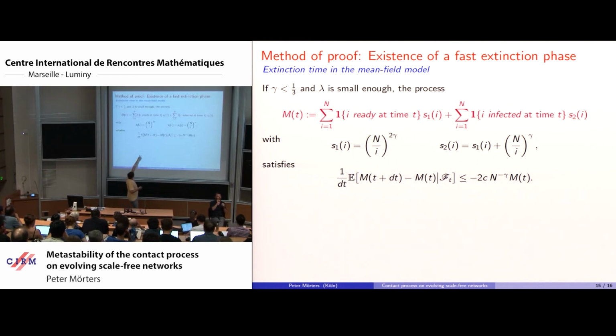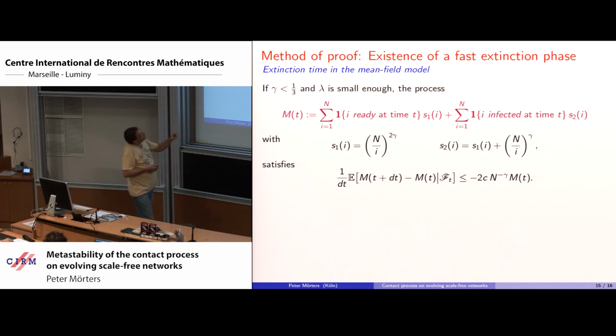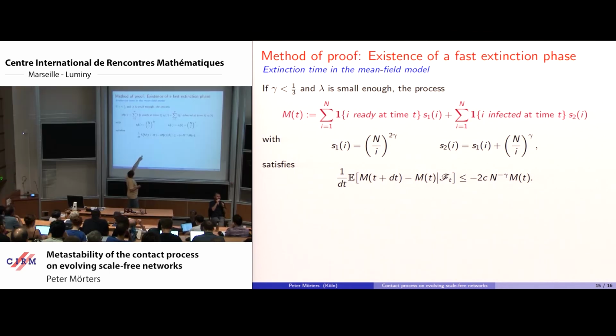And if you're not ready but infected, you have one more cycle of recovery, so it's plus the typical degree there. And then you calculate the drift, so the expected increase of this score given the state of the chain, and you see that it's something negative, minus some constant times the score.